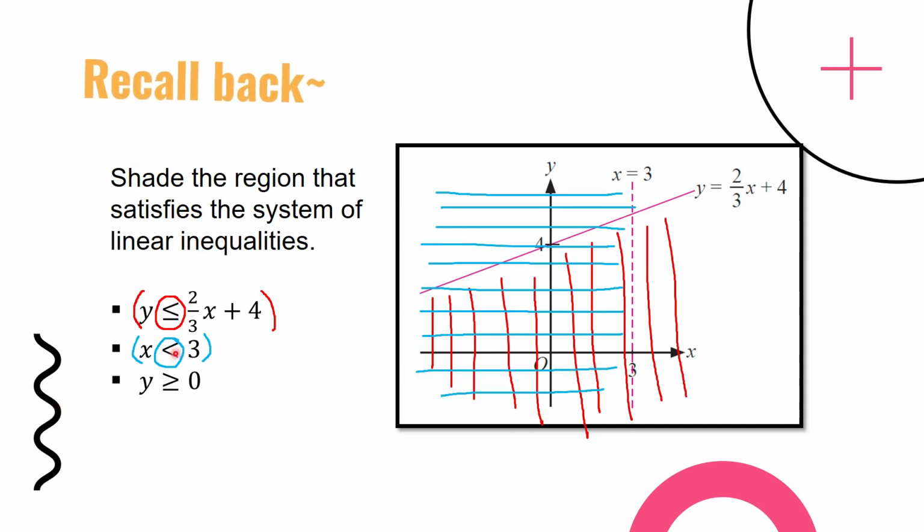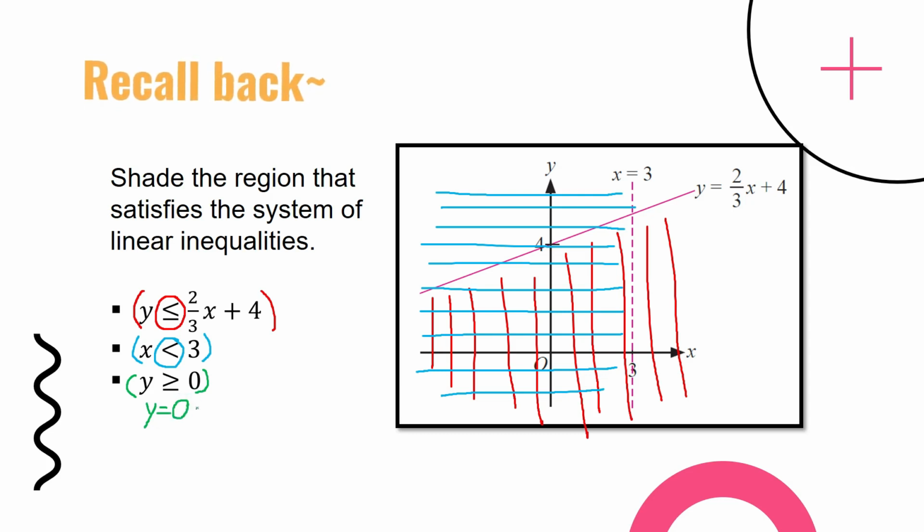And then for the third linear inequality, I will use a green pen. But from this graph, there is no line drawn to represent y higher than or equal to 0. If we change this into an equation, it will be y equal to 0.